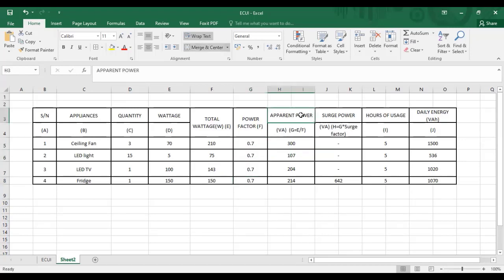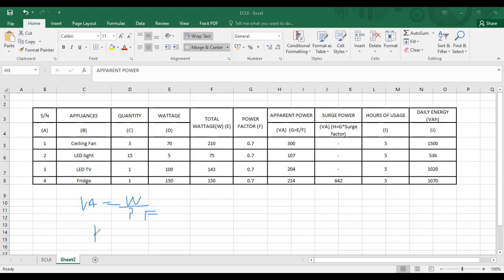Now, the apparent power, don't forget, I explained to you the formula. VA equals watt, this volt ampere equals watt over what? Sorry, watt divided by what? Power factor.